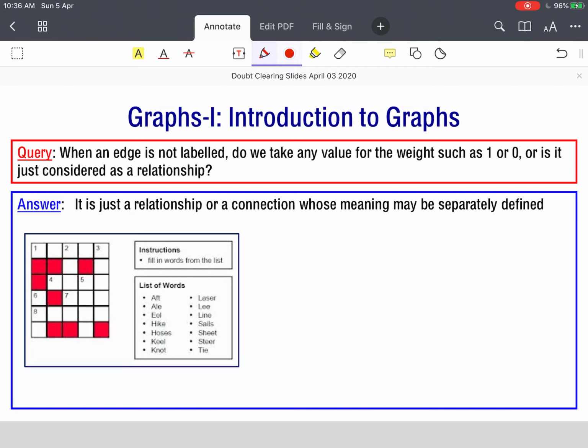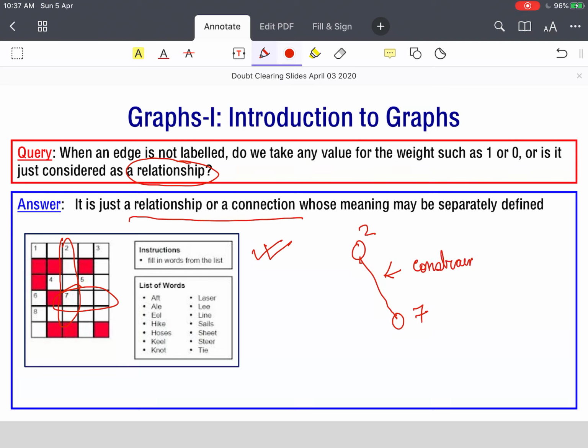The next question is that if there is an edge, do we give 1 or 0 weight, or is it just a relationship? In general, it is a relationship or a connection. The weight on the edges will come from the meaning of that relationship. For example, in this one, 2 down and 7 across are related. So node 2 and node 7 are related.